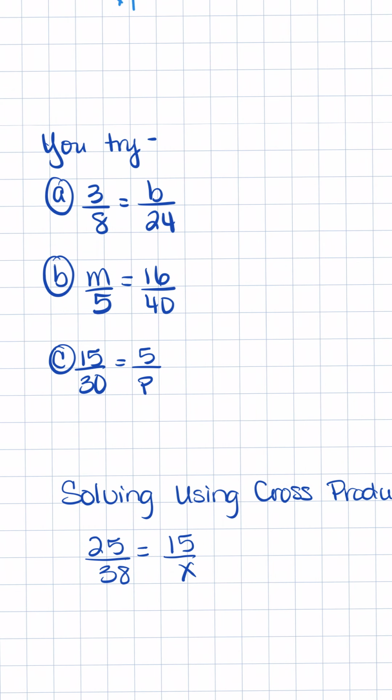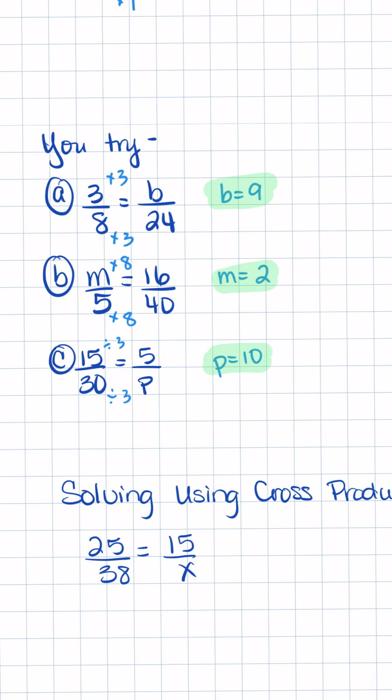Press pause, come back to me when you're done. Okay, for A, you should have got 9. For B, m equals 2. And C, p equals 10.